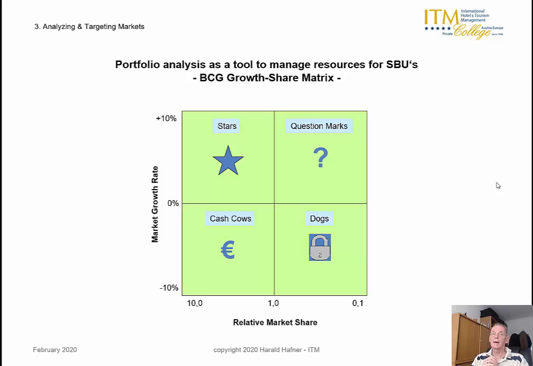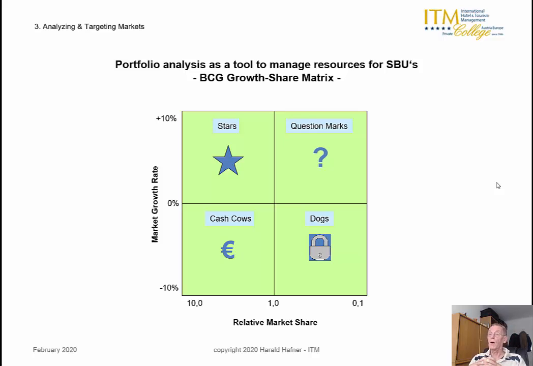In our last two lectures, we have learned how to segment a market and thereby evaluate the opportunities and threats that are available. And in our competitive analysis, we have looked at the strengths and weaknesses.